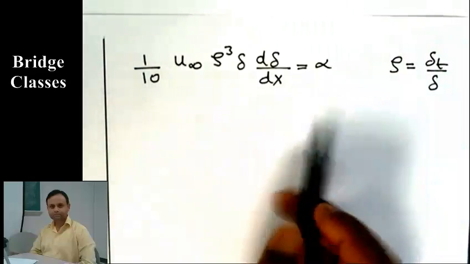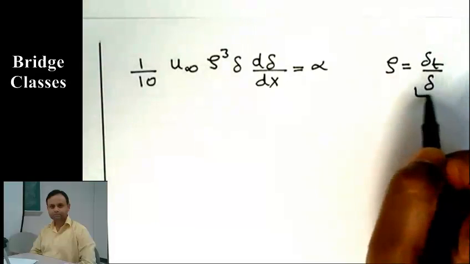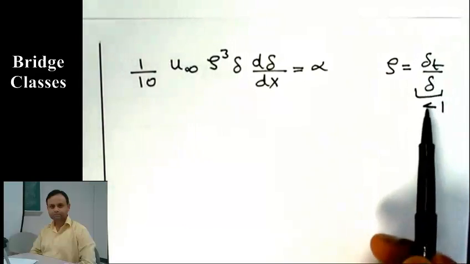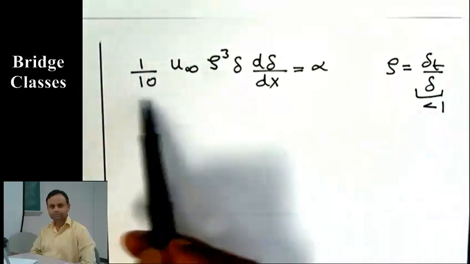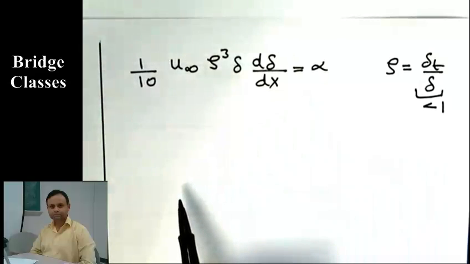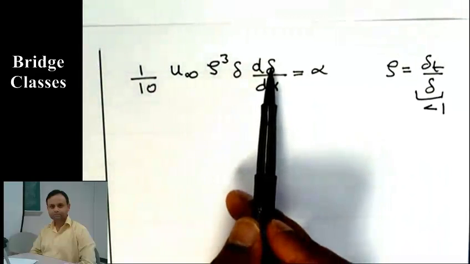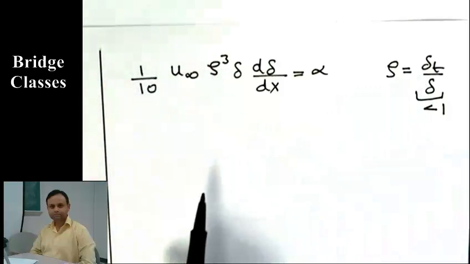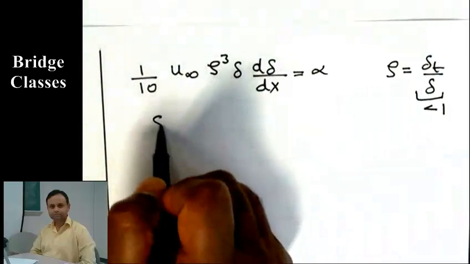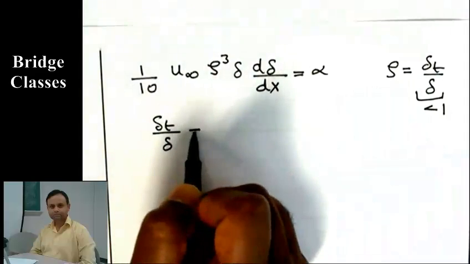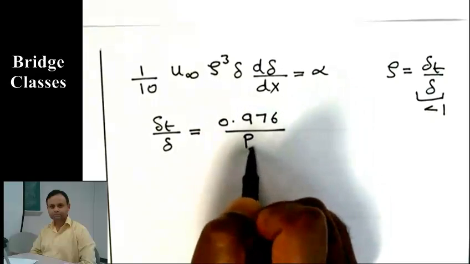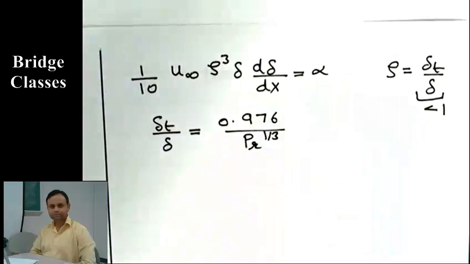There is an approximation in deriving this: we assume that zeta is less than 1, so we neglect the square terms and the fourth order terms. When we derive this equation, it is based on zeta less than 1. We already have an expression for delta, so this gives you an expression for delta T, and you get delta T over delta equals 0.976 over the Prandtl number to the 1/3.